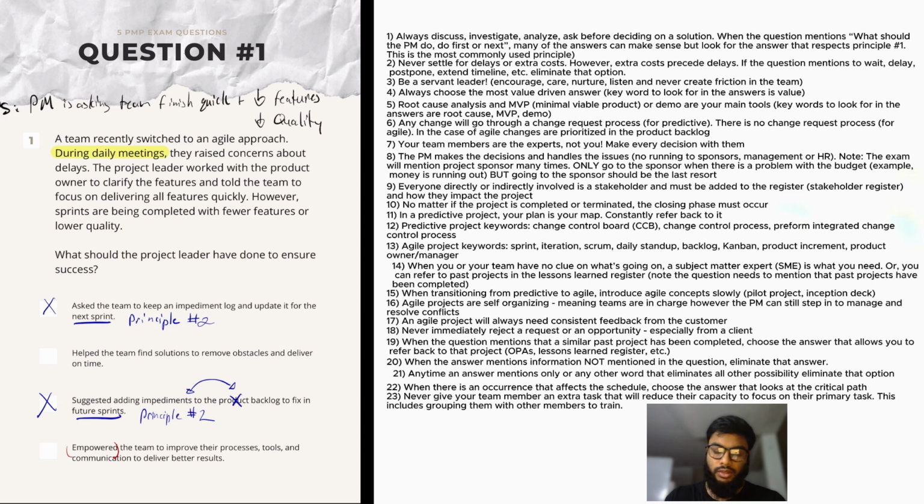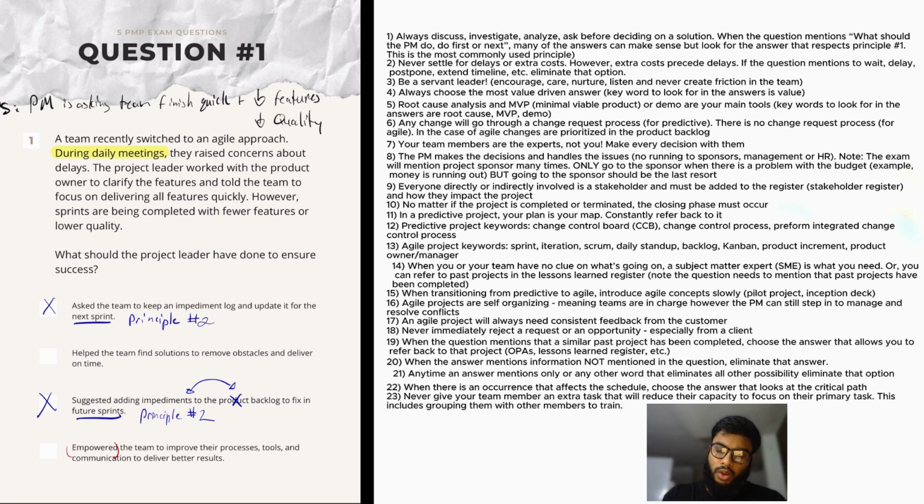Improve the processes, tools, and communication to deliver better results. Now, there's something wrong with this answer. We never mentioned in the question that the problem had to do with their processes, tools, and communication. We actually know that the problem has to do with the PM asking the team to be quicker.